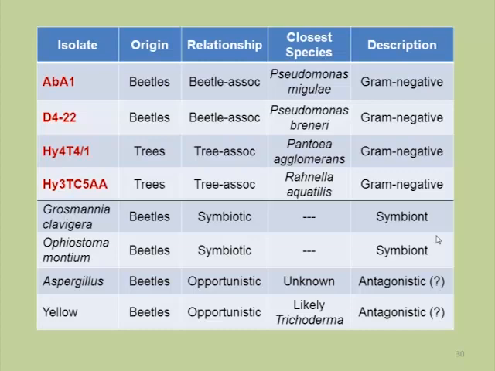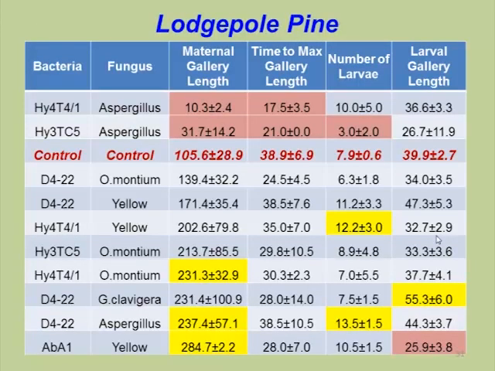They attach to the beetle, but they also utilize the environment that's created by the beetle. We call them antagonistic, but our results show that they may not be really antagonistic. They may not be harmful to the beetle, because we have some evidence that actually they are also helping the beetle itself.